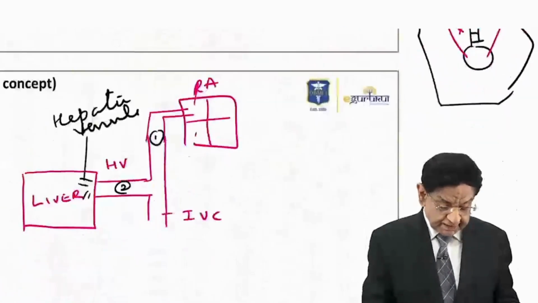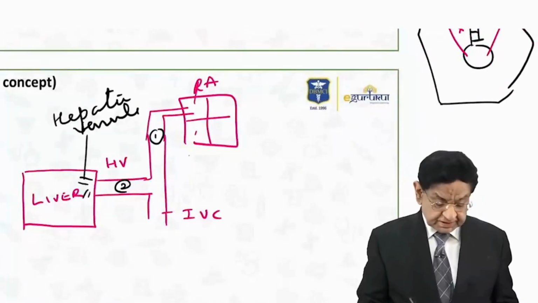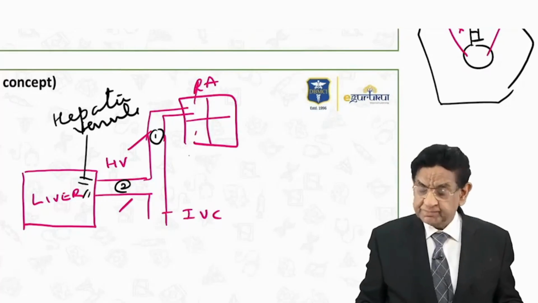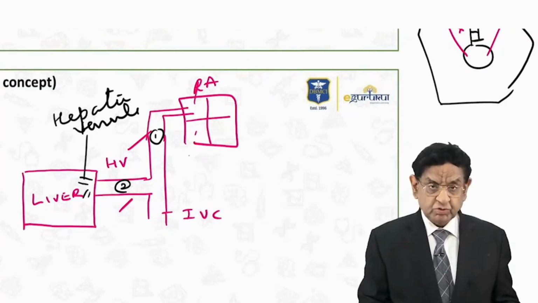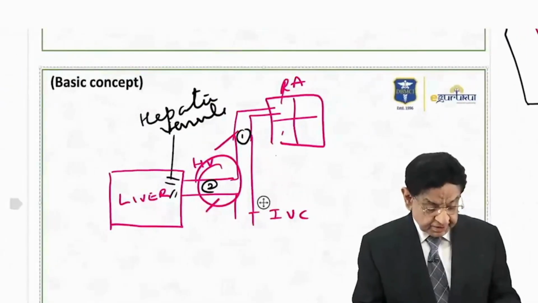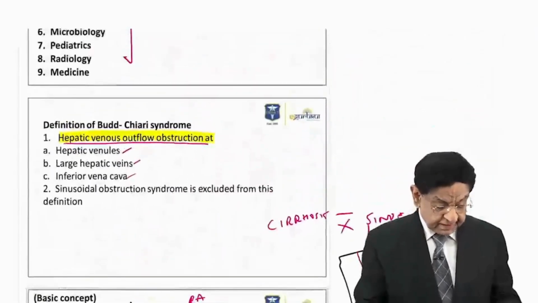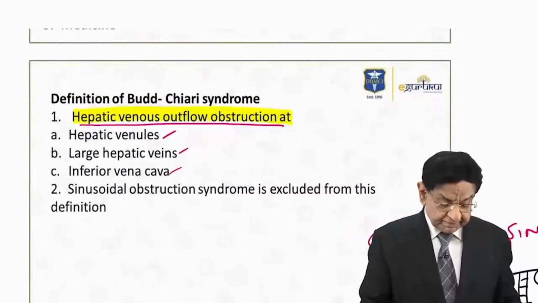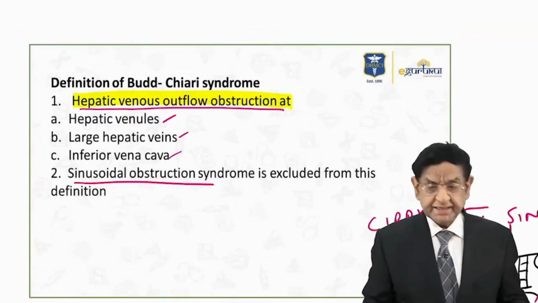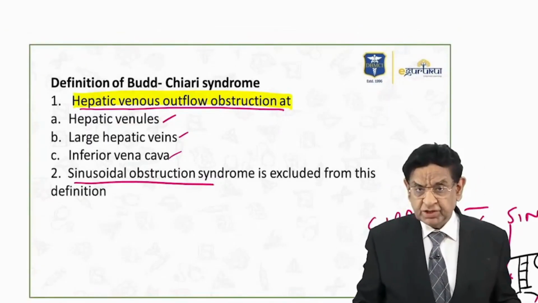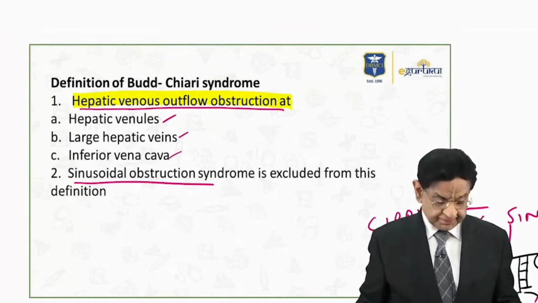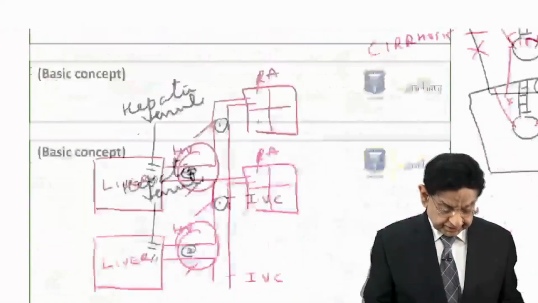So out of these, the most important sites where we usually talk about Budd-Chiari syndrome are hepatic venules, large hepatic vein and inferior vena cava. As I told you, sinusoidal obstruction is a part of what we see in cirrhosis of liver. Okay, so we are clear about the definition.